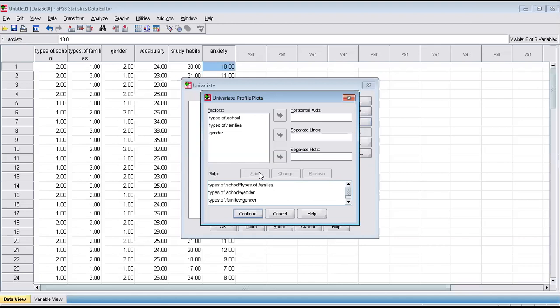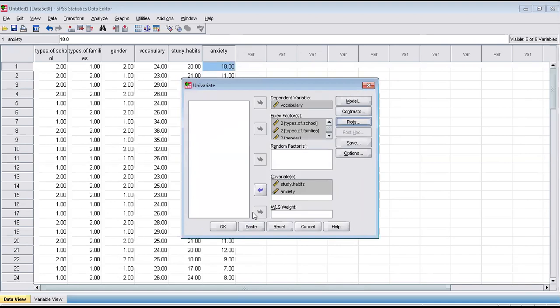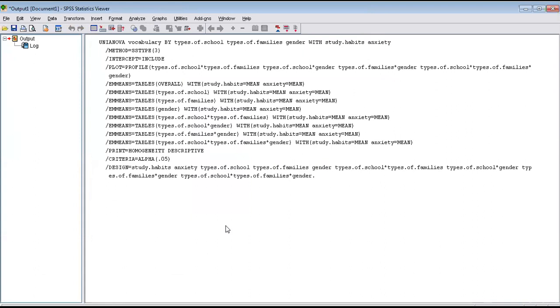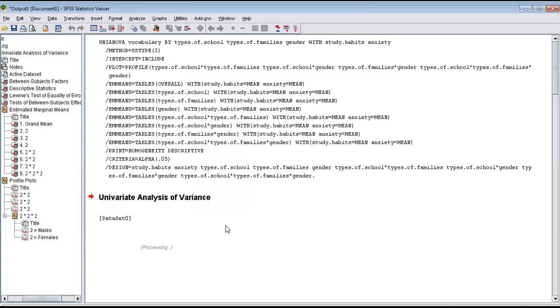So do not forget to add. Now you see these are the 4: 1, 2, 3, and this is the 4th one. We say continue. The rest we don't want, so we continue. And this is the result it is giving you.